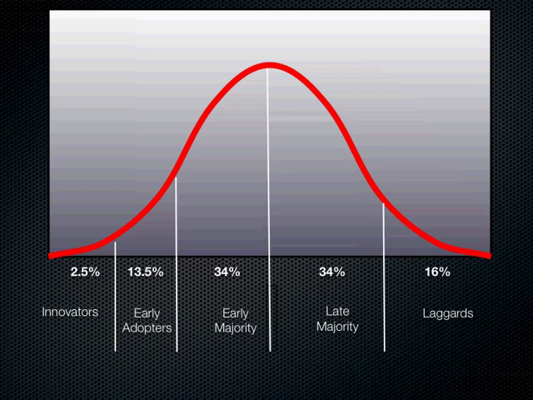We try to avoid as much as possible having product rollouts targeted at the last 16%, at the laggards. Those folks are most resistant to new technology and are probably not going to give the technology its fair shake.